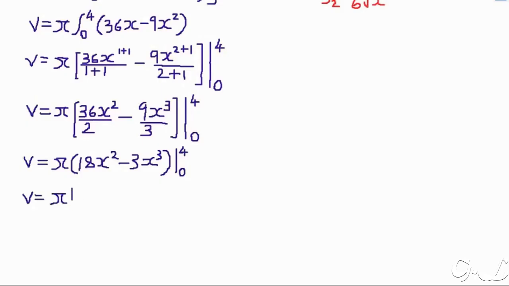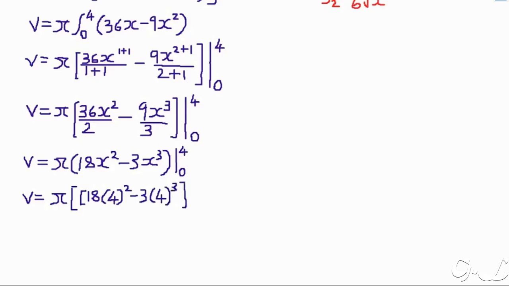V is equal to pi. Again, what we're going to do is get the limits. We get the upper limit first, and we replace x with 4, and it will be like that.